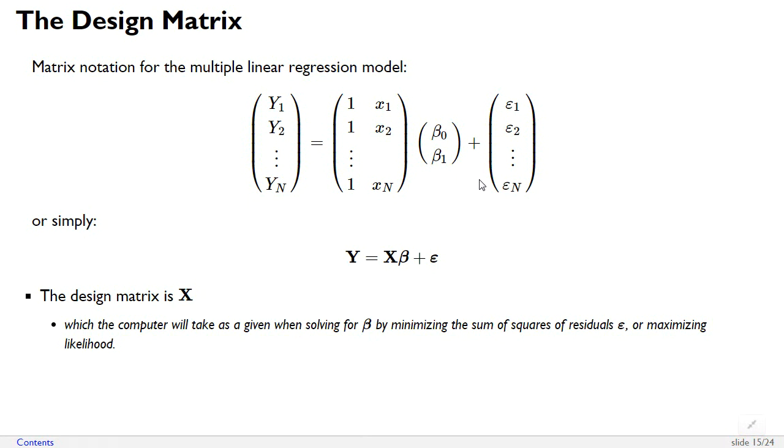Because you're going to have to multiply something different to get these same y's. So the point here is that the way you code your design matrix controls the coefficients that will get fitted.